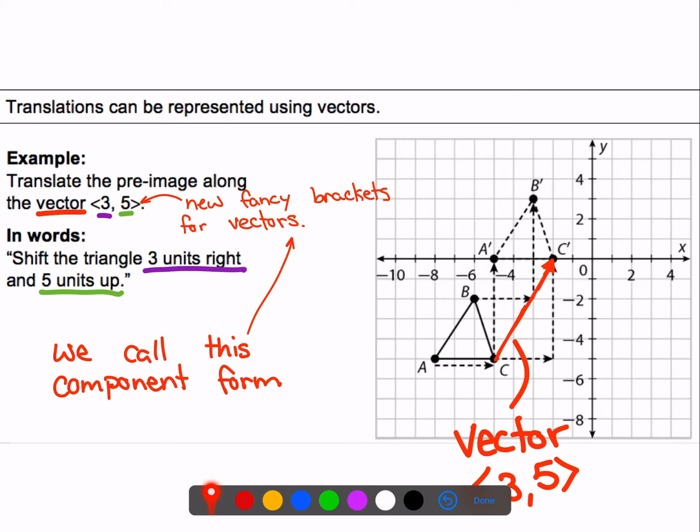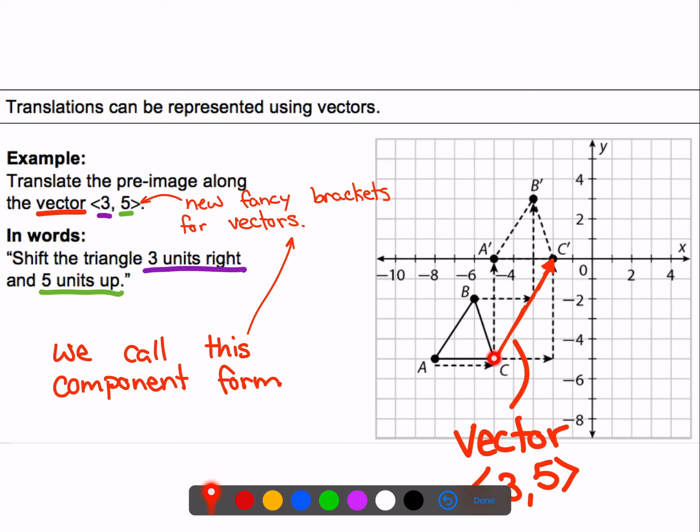So if I take my initial pre-image, triangle ABC, and I were to translate it along that vector ⟨3, 5⟩, I'd move each of my vertices 3 units right and then 5 units up. I don't need to focus on any of the points in between, because if I do that with each of my vertices, then I can draw the lines in between my vertices, creating all those points in between.